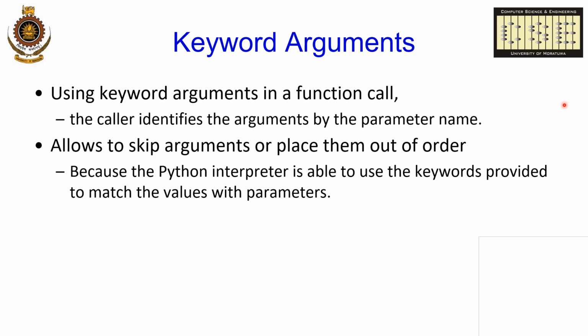So if you use keyword arguments when you call a function, you don't have to worry about the order, because the arguments are mapped using the keywords that you use. It just has to match whatever keyword you defined the function with. So in this case, you are allowed to skip arguments or place arguments out of order. It doesn't have to match the order in which the function is defined.